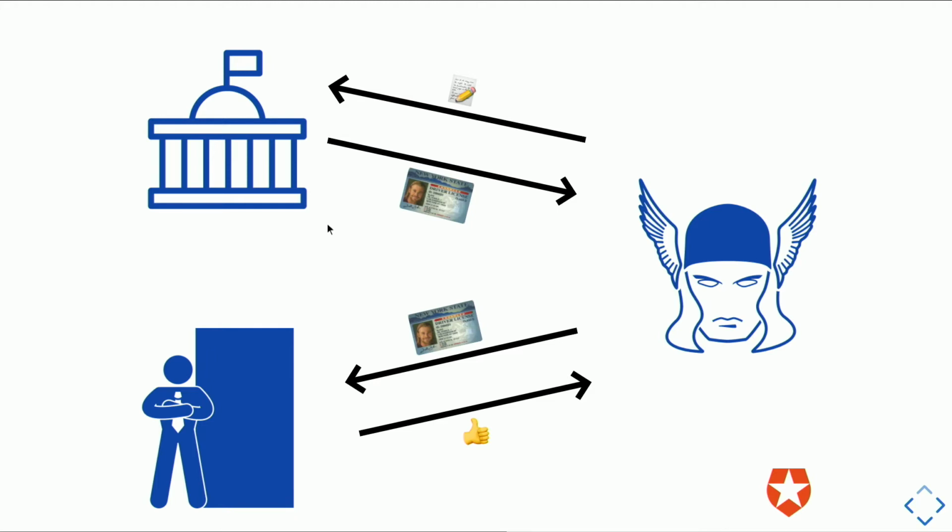Now Thor can go into the bar, he'll go up to the bartender and say, hey, I'd like to buy a beer, and again, he would have to present his identification. The bartender would validate it, run it through the machine again, and if everything checks out, which it should, he would be able to get a beer or 5 or 10 or however much he wants to drink.